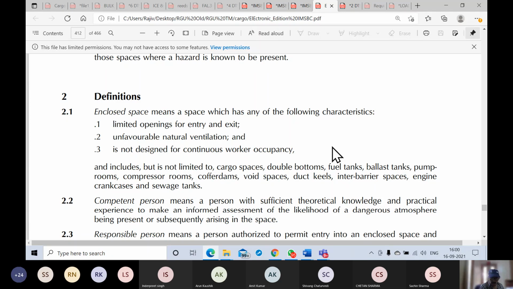It goes on to say it is not limited to cargo spaces, double bottoms, fuel tanks, ballast tanks, pump rooms, compressor rooms, coffer dams, void spaces, duct keels, inter-barrier spaces, engine crankcases, and sewage tanks. It includes all of these, but is not limited to them.